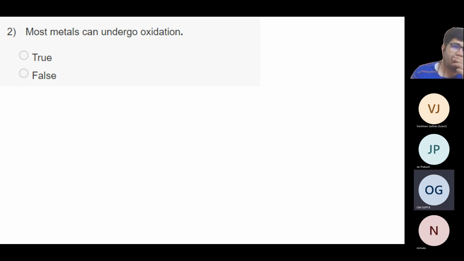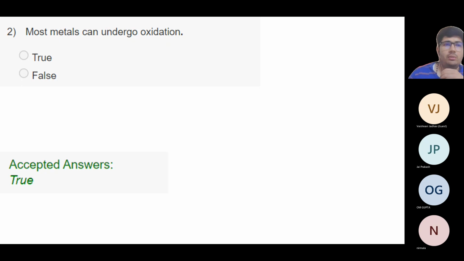Okay. So most metals can undergo oxidation. Metals are having lots of electrons, so they try to attain stable conditions. So they will try to lose the electrons. In that way, most metals can undergo oxidation. So this statement is also true.